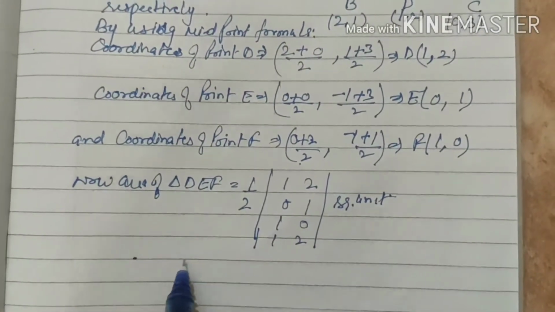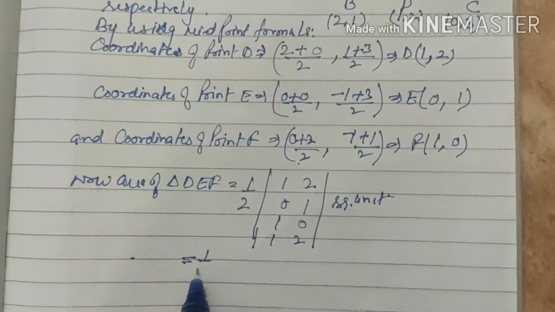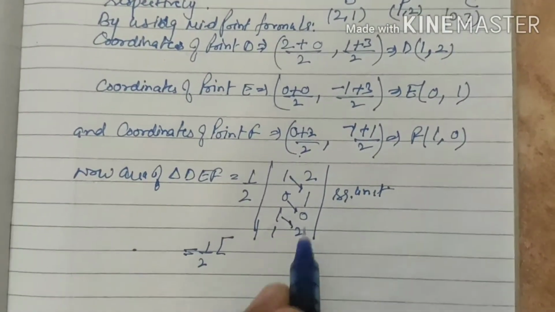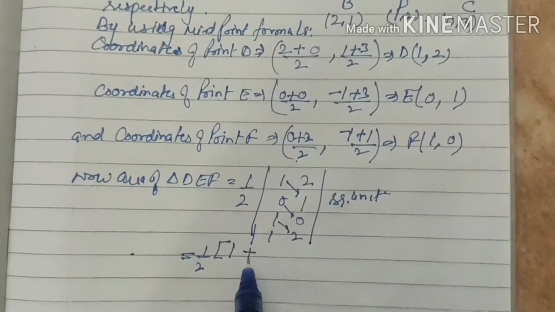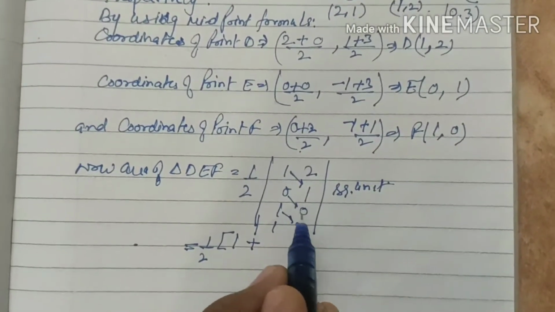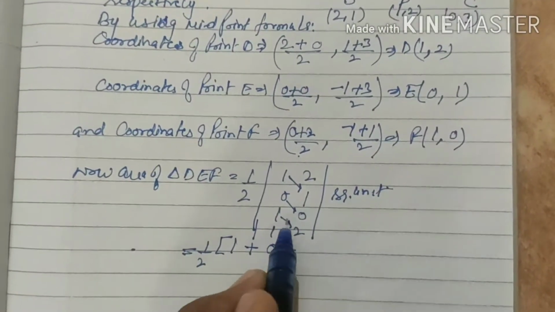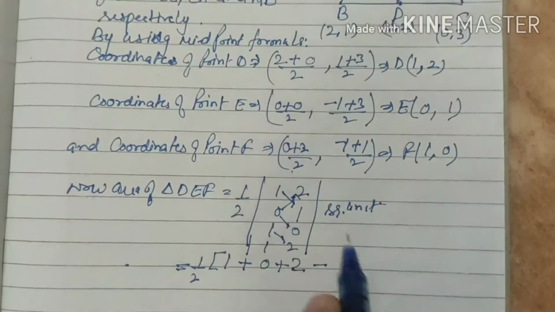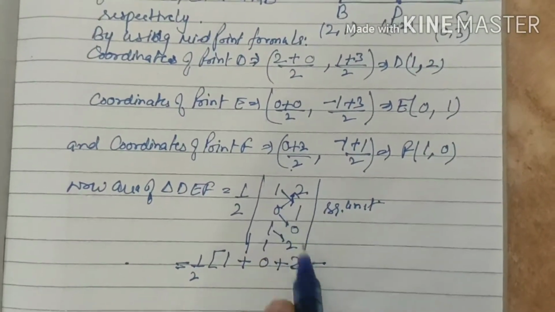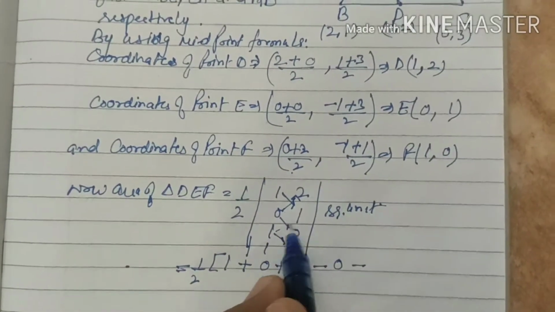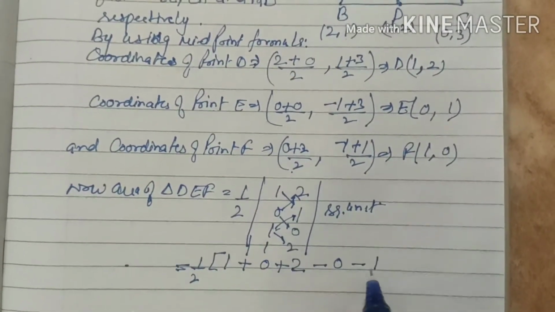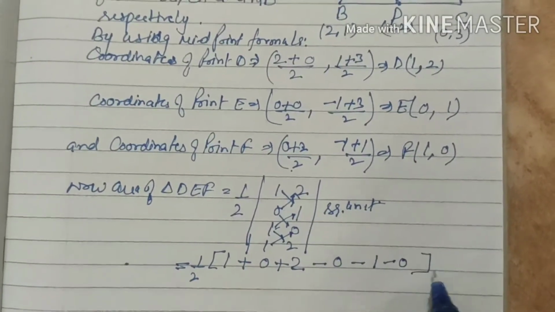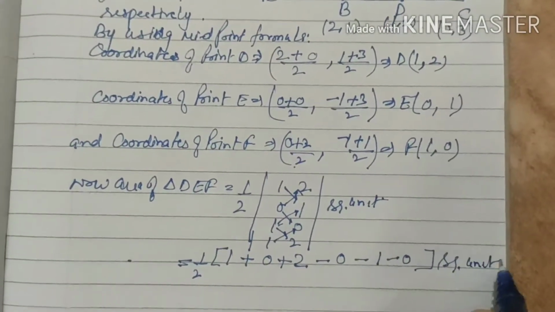So this will be 1 by 2. Now do the cross multiplication. So 1 into 1 becomes 1, plus 0 into 0 becomes 0, plus 1 into 2 becomes 2. Then minus in the upward direction, 0 into 2 becomes 0, minus 1 into 1 becomes 1, so minus 1, and 1 into 0 becomes 0, so minus 0, square unit.